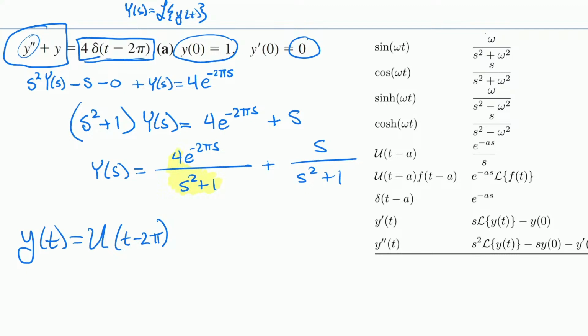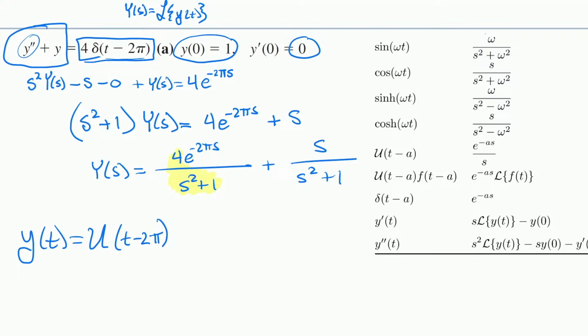So when you see 4 over s squared plus 1, what does that make you think of? So Max, do you have a function that corresponds to this yellow stuff here? Yeah, very good. The sine. And did you want to put the argument in there? You can if you want to. It would be 4 sine of 1t. Okay, so 4 sine of 1t, very good. I assumed that's what you meant, but just to be sure.